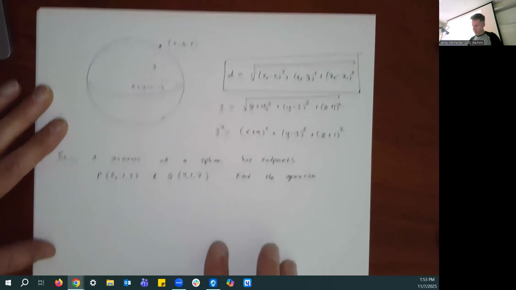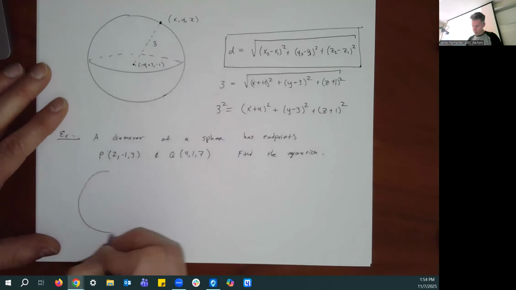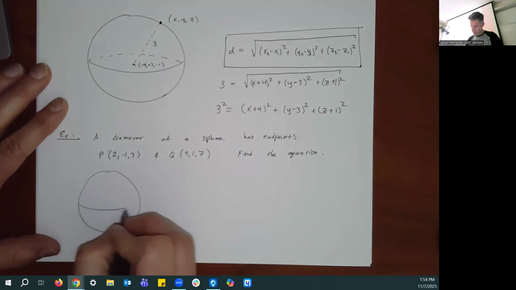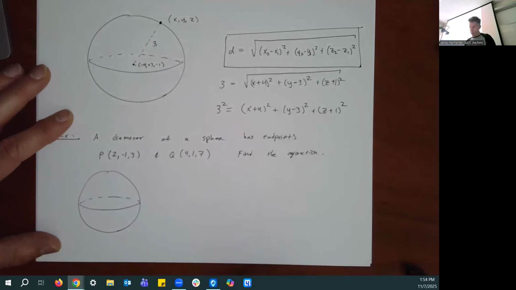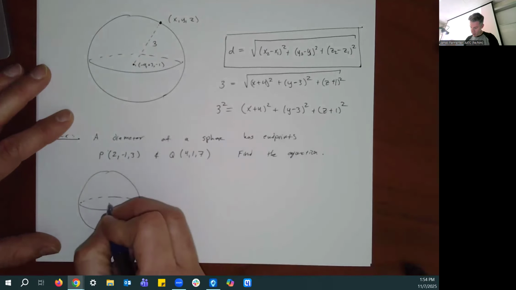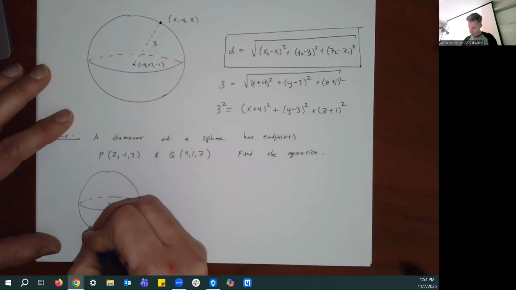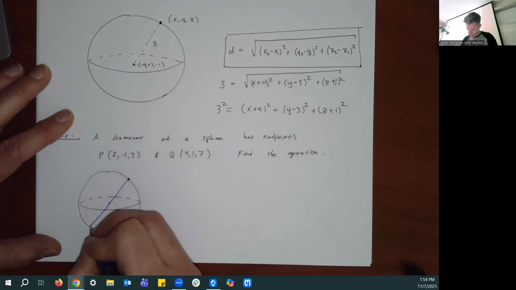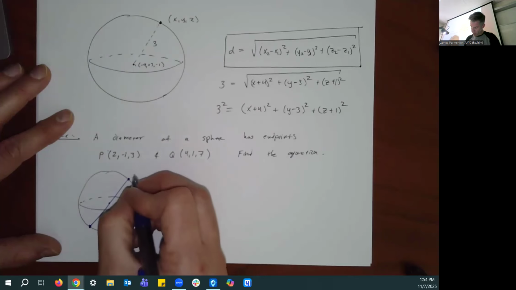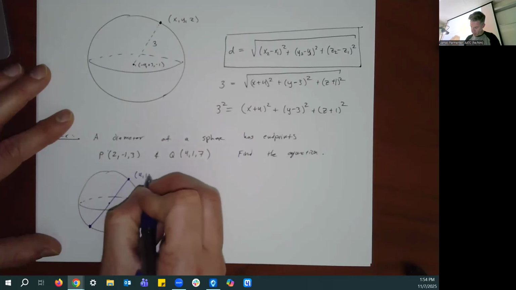So here's what we have. We have some sphere somewhere, and we don't know anything other than there's some diameter. So a diameter is a line segment that goes from one end to the other and goes through the center. So that point there is 4, 1, 7.